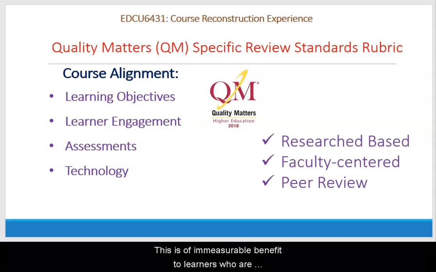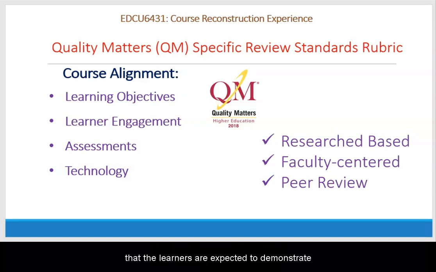This is of immeasurable benefit to learners who are already feeling overwhelmed by their online course experience. Additionally, it encourages recent online course developers like myself to ensure the competencies that the learners are expected to demonstrate are clearly stated in the course.